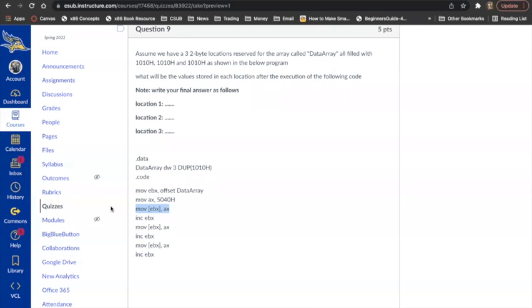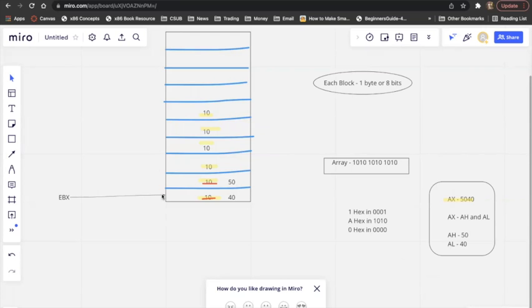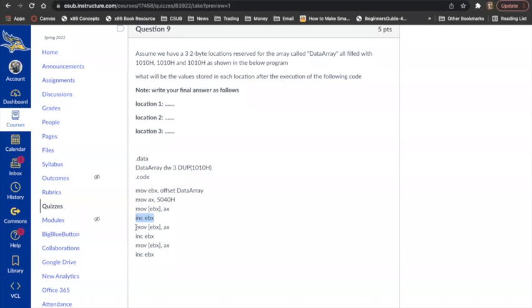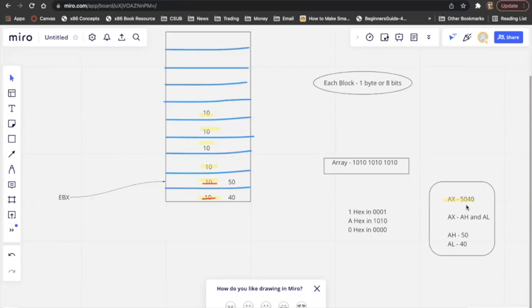The next line is increment EBX. This means EBX is going to point to this part now. Then we move AX to EBX again. AX still has the value of 5040, we haven't made changes.